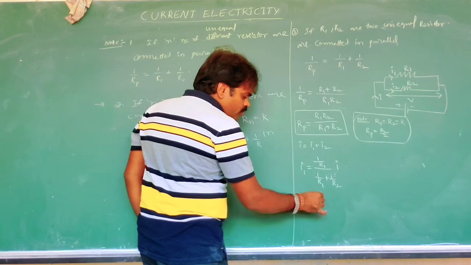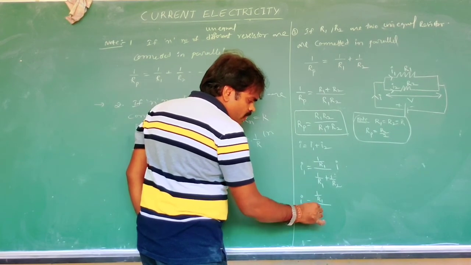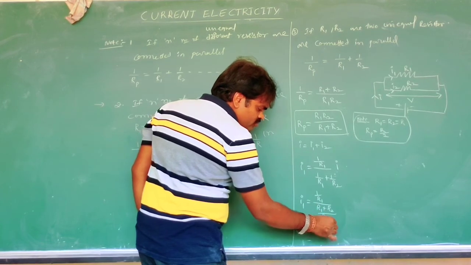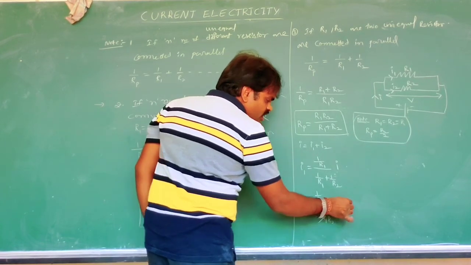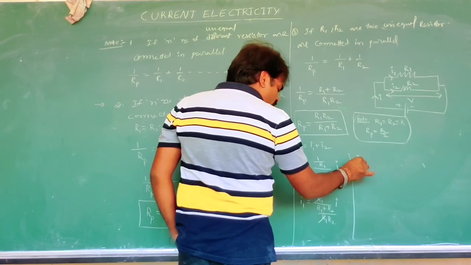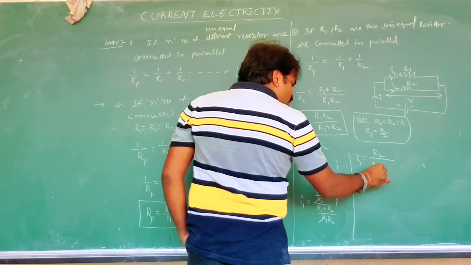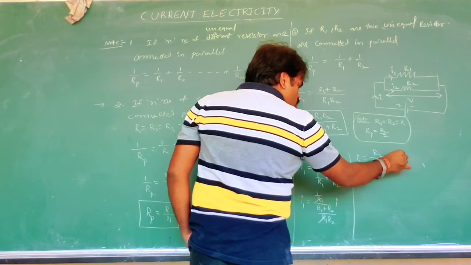I1 equal to 1 by R1, take LCM, R1 plus R2 by R1 R2. Then it cancels. Then what do you write? I1 is equal to R2 by R1 plus R2 into I.